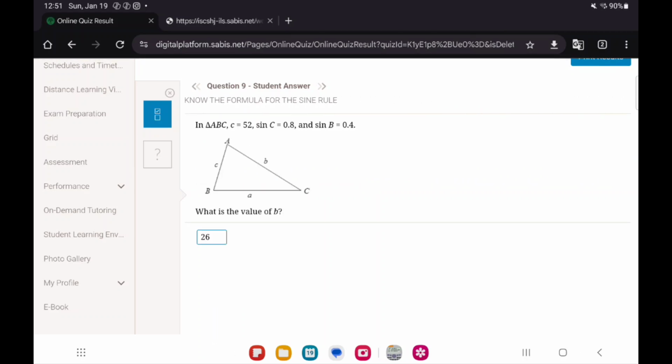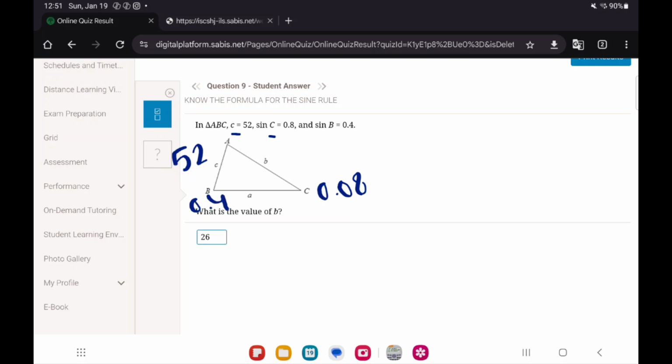We also use the sine rule for this one. They're making it easy for us, and they already gave us the triangle. Let's just label it. 52 is small c. Big C is 0.8, and sine B is 0.4.